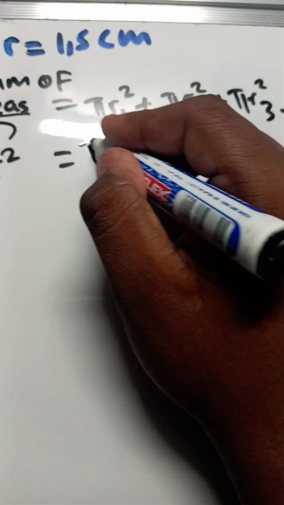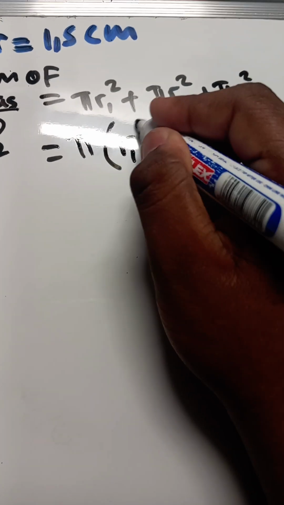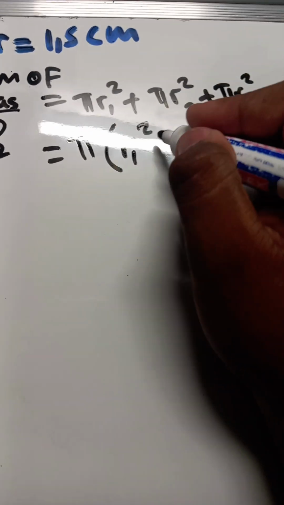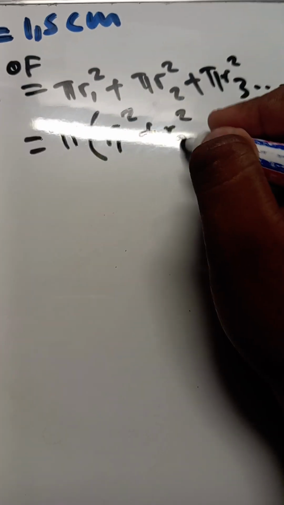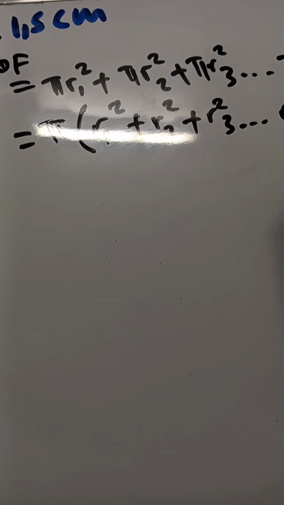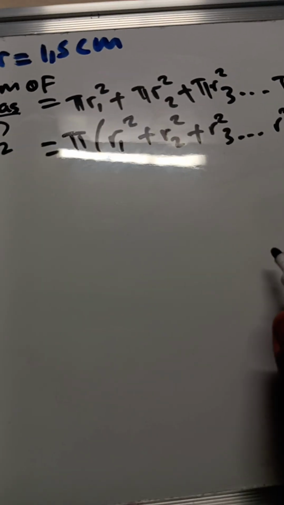But to make things simple for me, let me just factor out pi because pi is the same. Now I'm going to be left with r1 squared plus r2 squared plus r3 squared, up to r10 squared. Okay, we have it there.